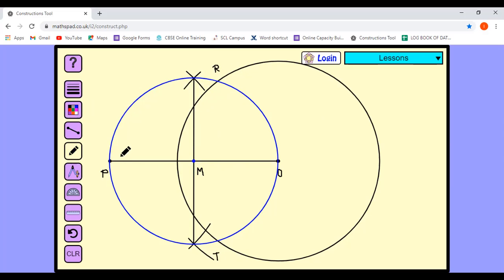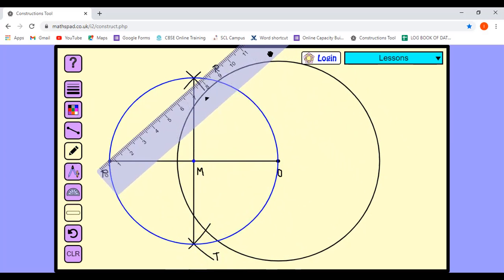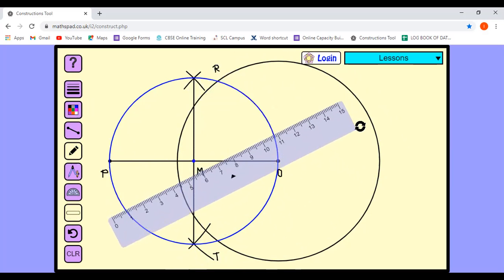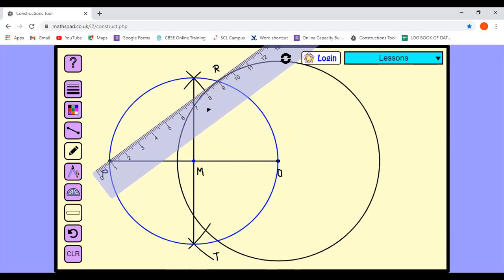Okay, now let us join PR and PT. So we'll take the scale, and from P we're going to join PR, okay, and PT.